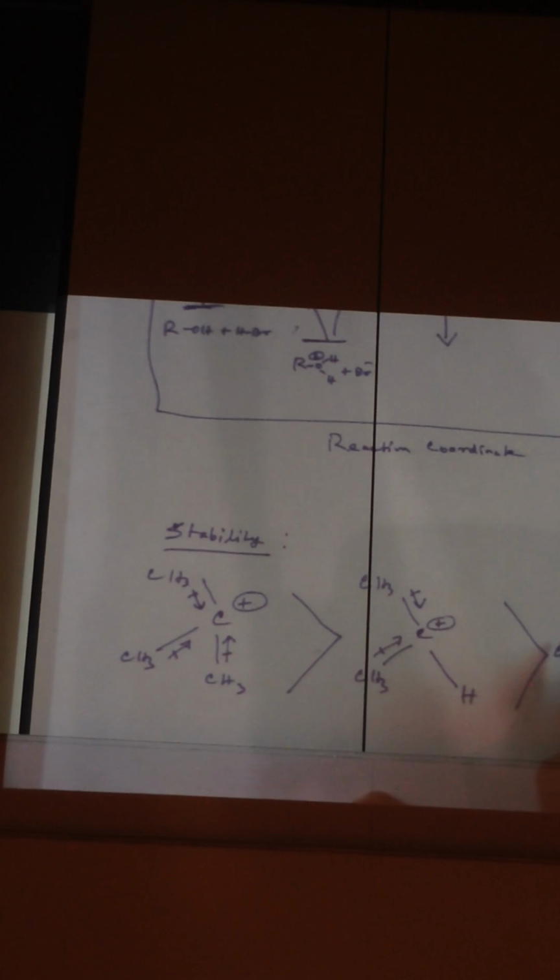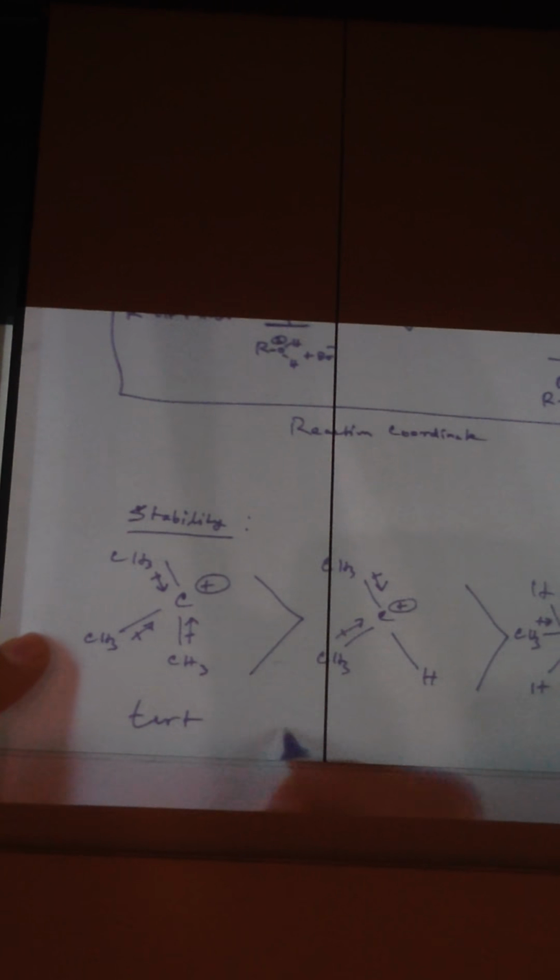And if you have just one, then only one alkyl group is donated. So the stability pattern we see is tertiary better than secondary, better than primary, and so on.